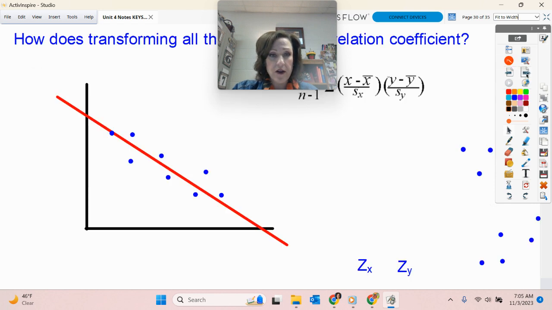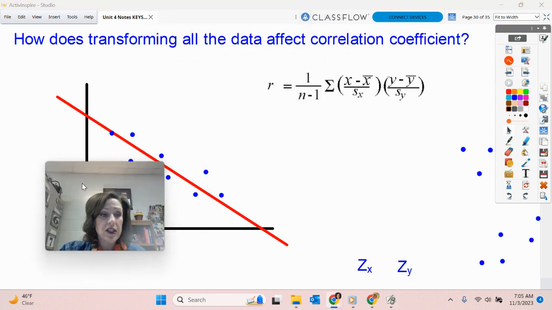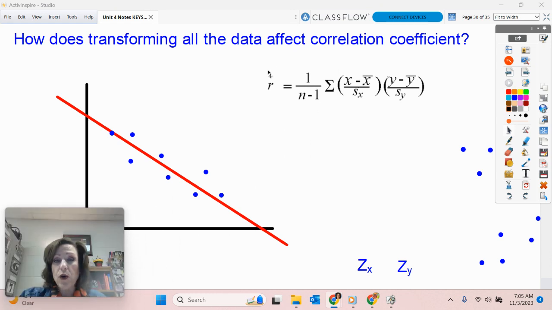If we look at the correlation coefficient formula, we can see how transforming all the data, changing all the x's or all the y's, or switching them, affects it. You don't need to know this calculation, but I like to examine this formula. X minus the mean over the standard deviation gives us a z-score, that standardized value in the x direction.